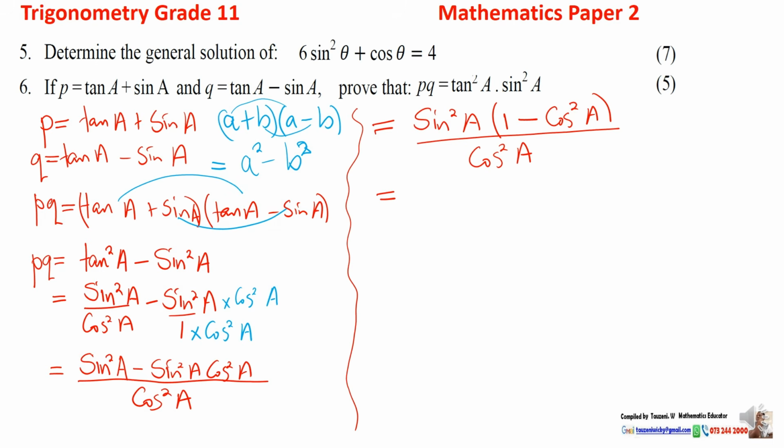Now, inside the brackets, we have an expression there that we can use identities for. We know that cos squared A plus sine squared A is equal to 1.